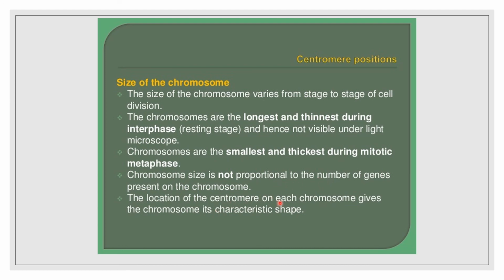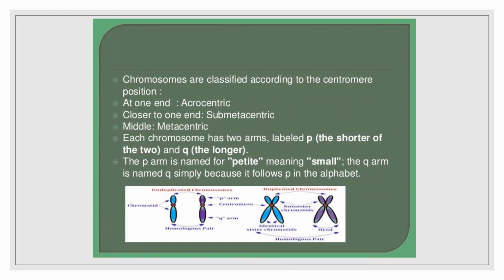The location of the centromere on each chromosome will give rise to a different shape of the chromosome. Where the centromere is located on the chromosome will give a particular shape to that chromosome. Now, chromosomes are classified according to the centromere position.